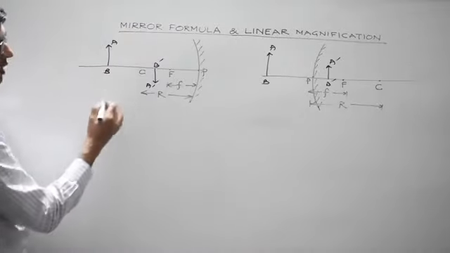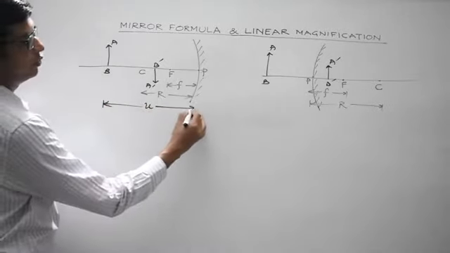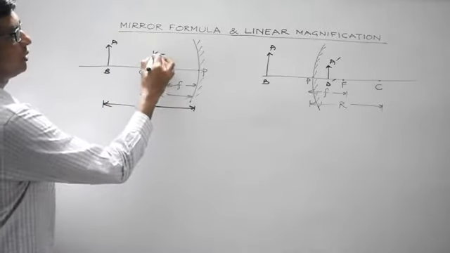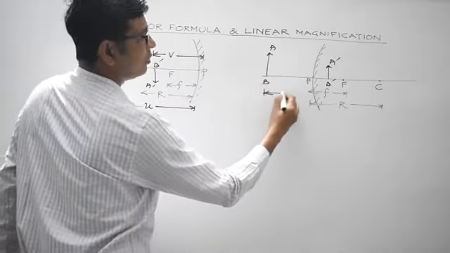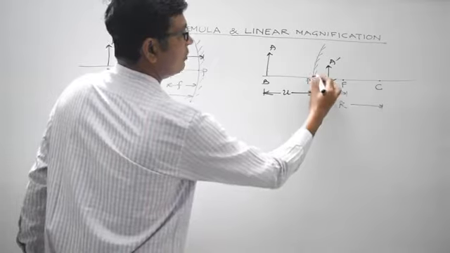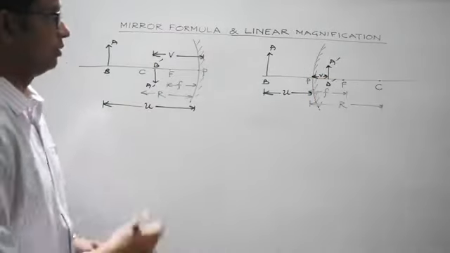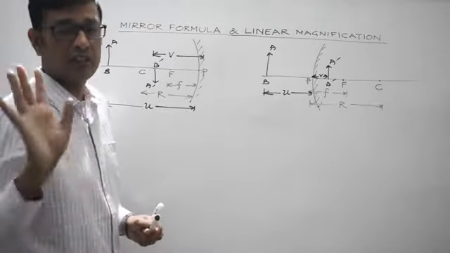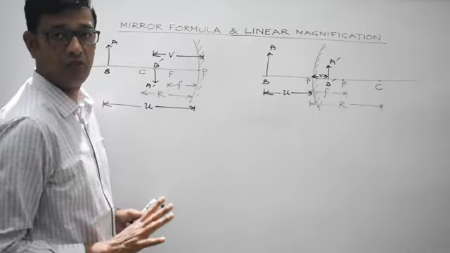Anyway, this is the object. Object distance is to be represented by small letter u. This is the image distance, it is to be represented by small letter v. So remember, all the distances are to be measured from the pole of the mirror, right?